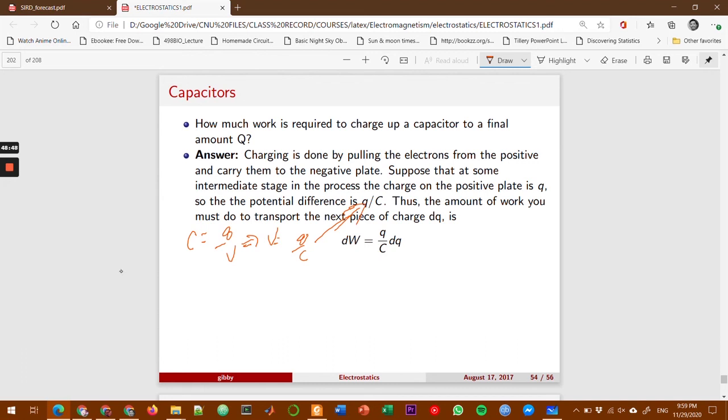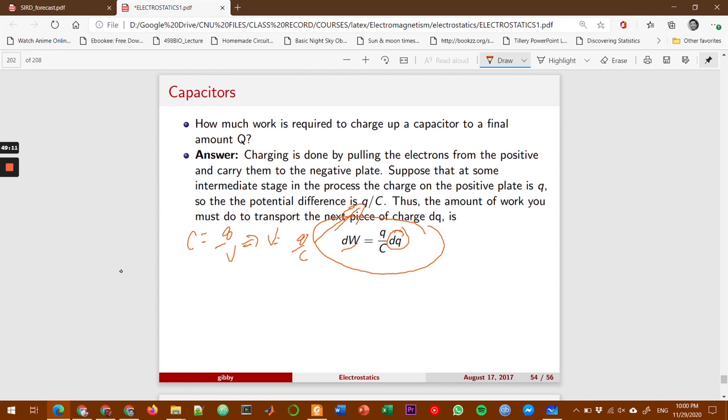So the amount of work you must do to transport the next piece of charge dq is like this: dW equals V dq. This is a rather loose way of defining work, but it actually works.